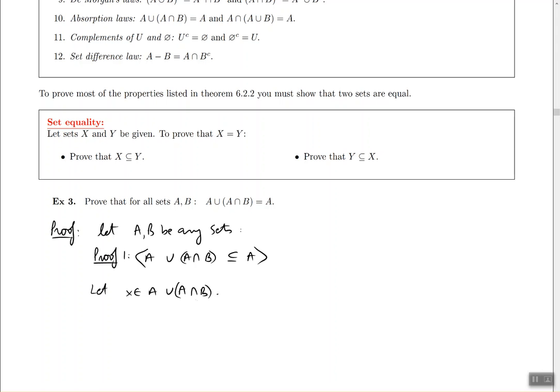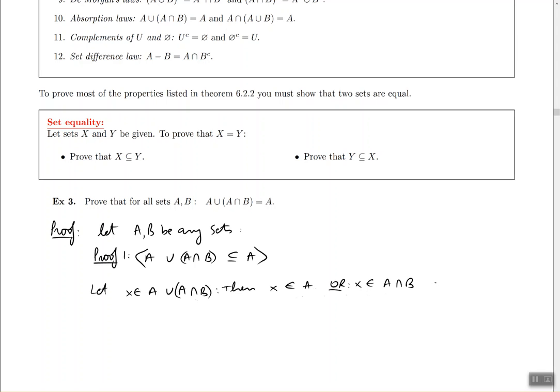Now, by choosing the element X from there, what do I know? Then I'll know that either X came from the first set A or X came from A intersect B. I really don't know which one it is.